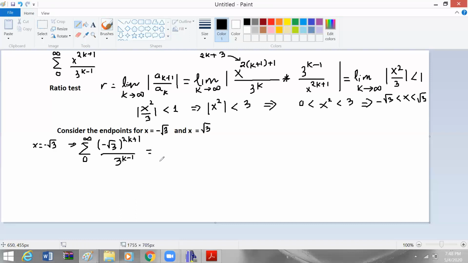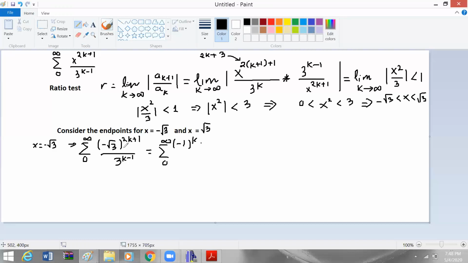What we can write about this is that we have a negative 1, so I'm going to bring out the negative sign, to the k, and then go from 0 to infinity. After that, we need to multiply by radical 3 raised to the 2k plus 1.